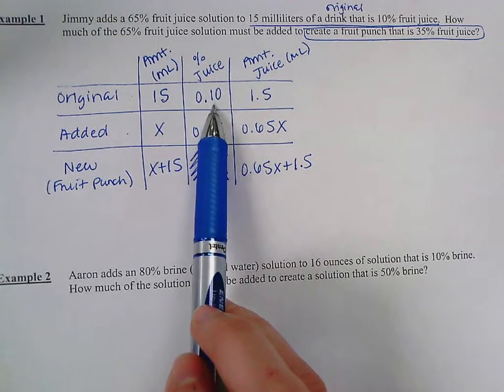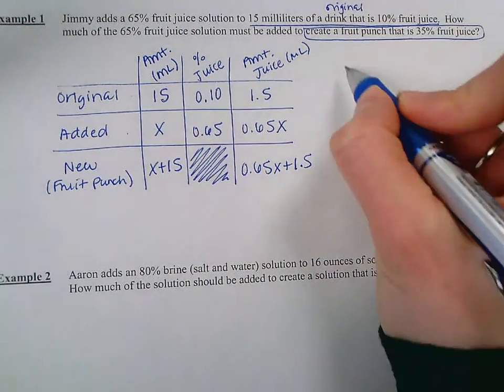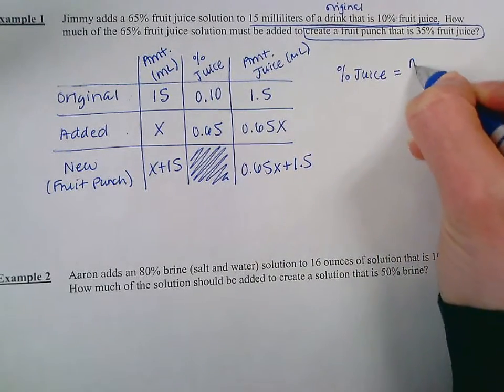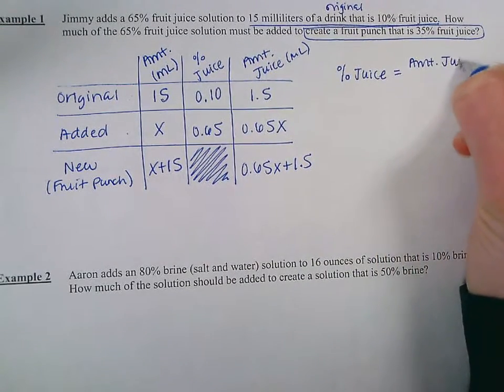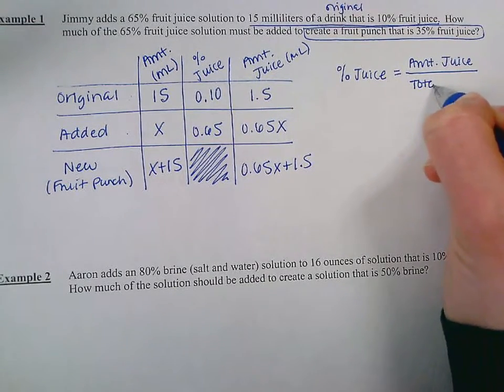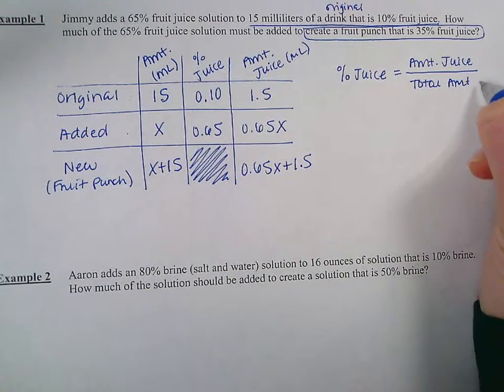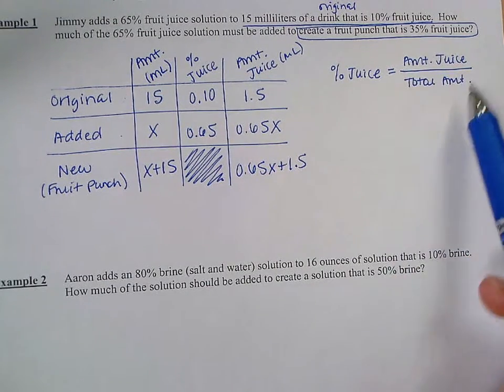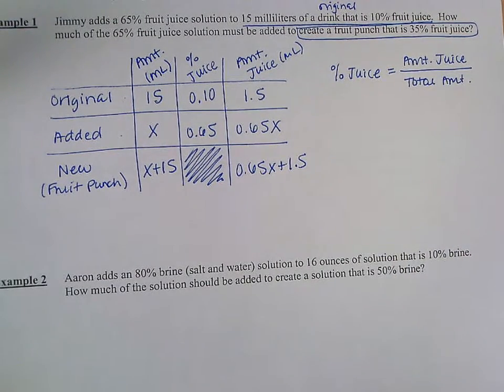It is 10%. So the percent of the juice is equal to the amount of the juice divided by the total amount of the drink as a whole. And this is what I'm going to use as a way to set up an equation that I can solve.